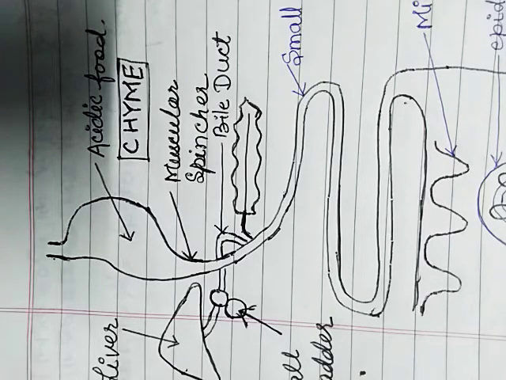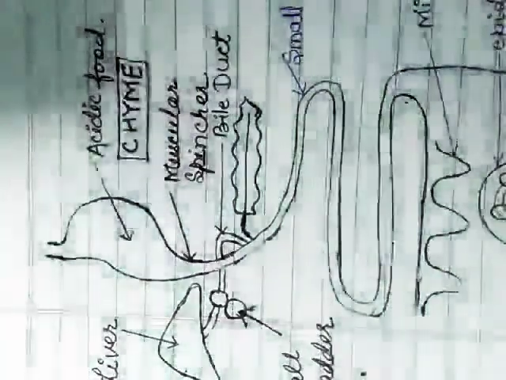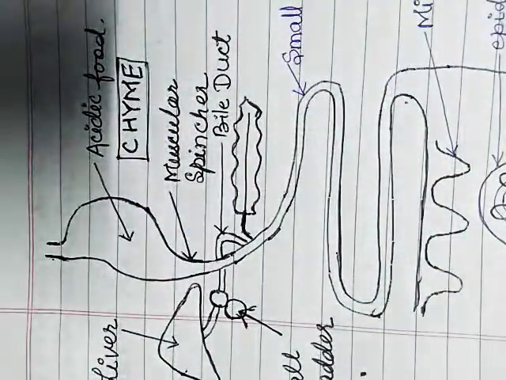Now, after 3 to 4 hours of digestion and mixing up with several other digestive juices, the food is now ready to go for its further digestion in the small intestine.